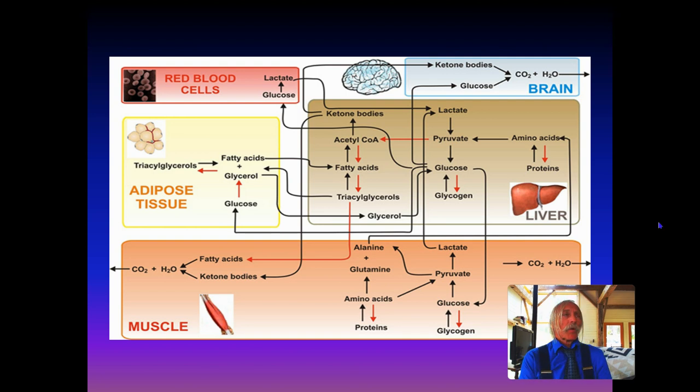Right? And what else would you be doing? All right, now what else is going on? What's going on in the adipose? Well, in the adipose, you've got glucose being converted to glycerol, right? Remember, that's the alcohol. And glycerol plus fatty acids can be used to synthesize storage depot fat, the neutral lipid called triacylglycerol.